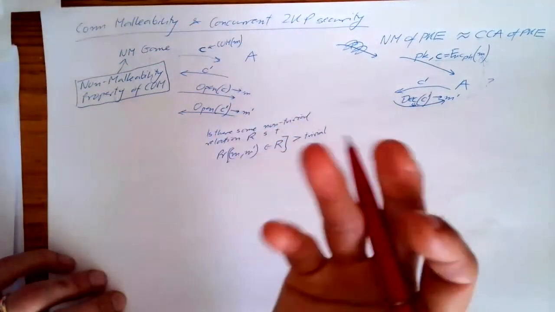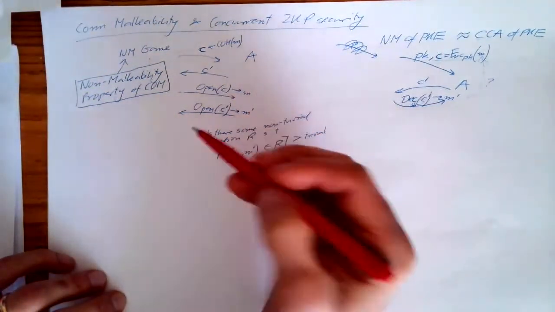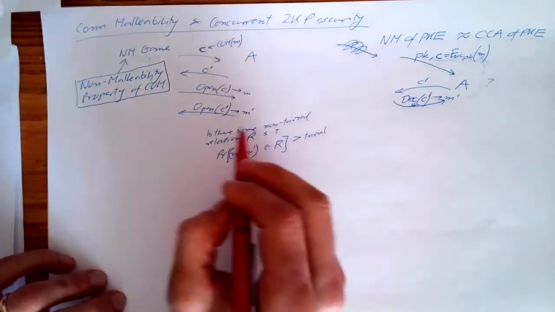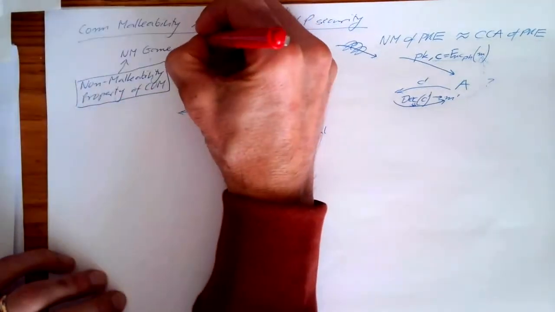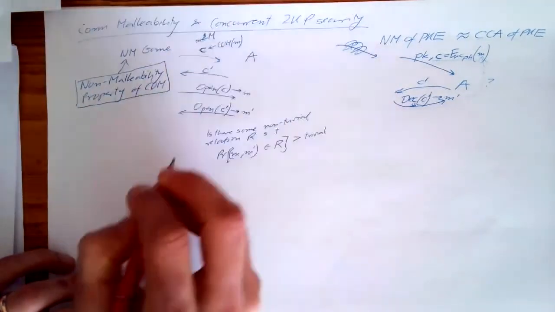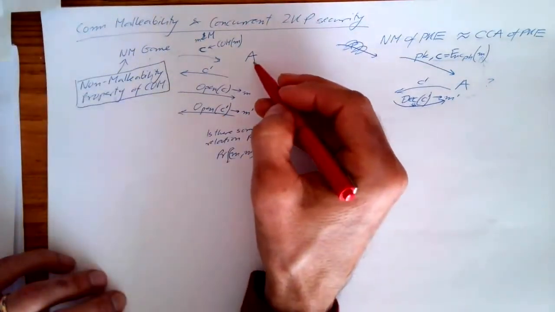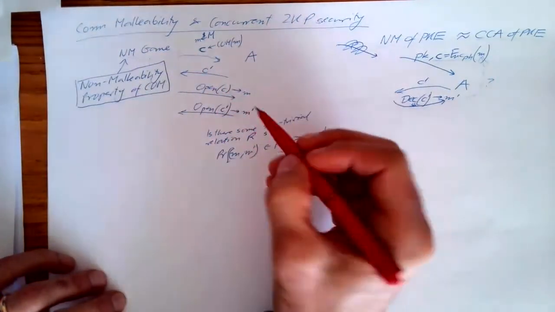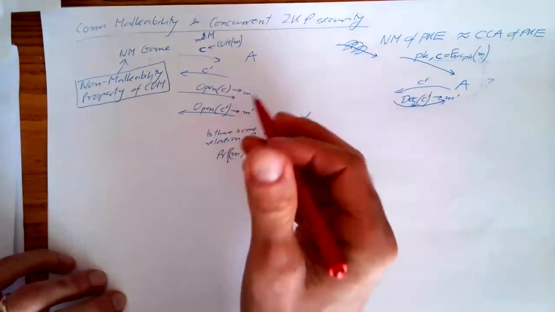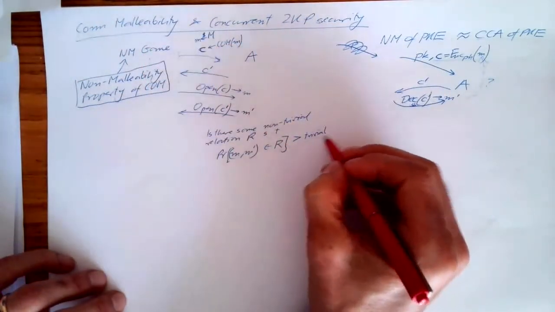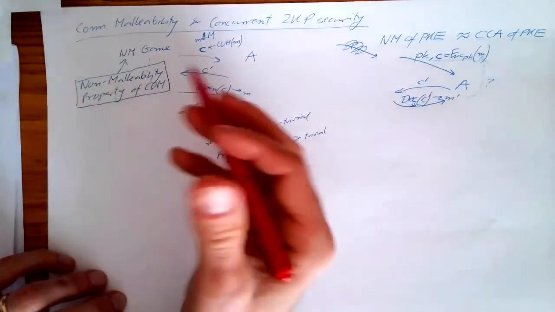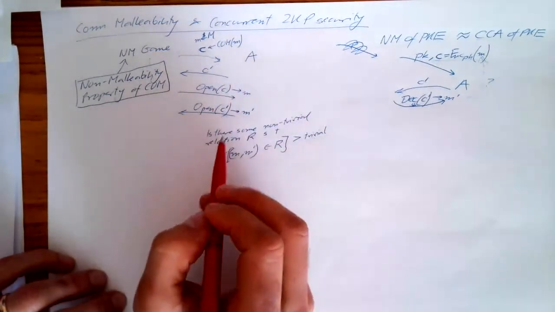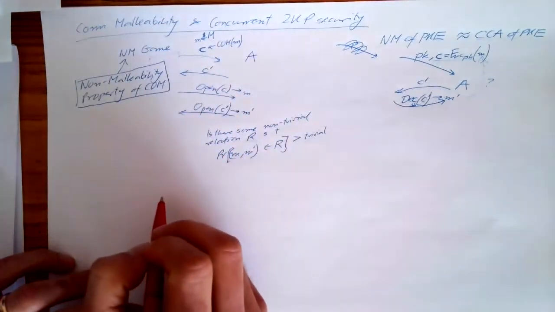A trivial relation is something that holds for random messages. Let's say M is chosen at random from the message space, and even if you don't know anything about M, you can pick a random M prime, and there is some trivial relation like M equals M prime, which has a trivial probability of 1 over the message space size. But an attack on non-malleability means that you pass this game for some non-trivial relation.